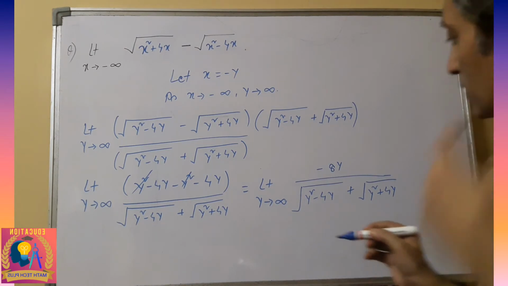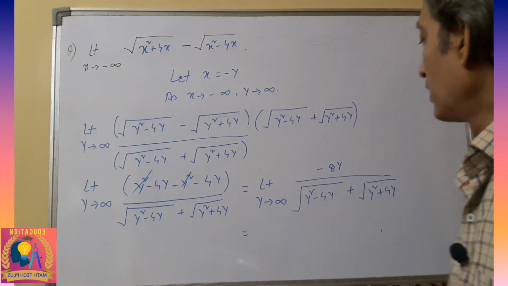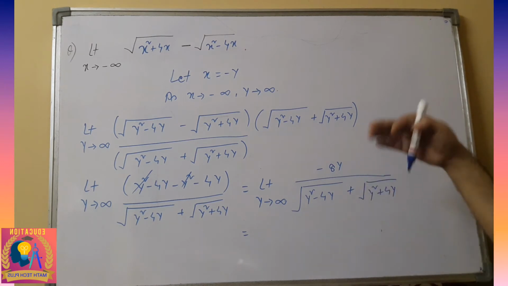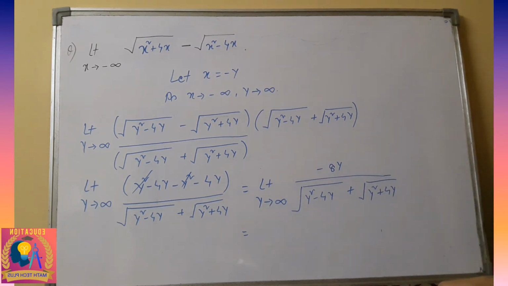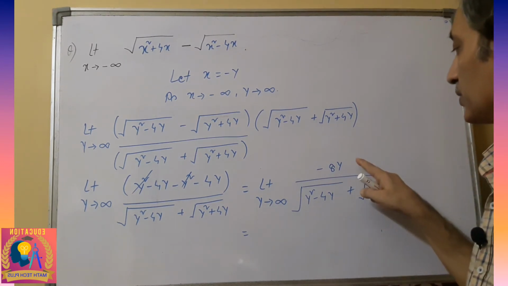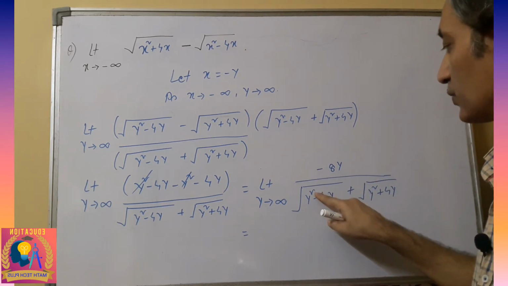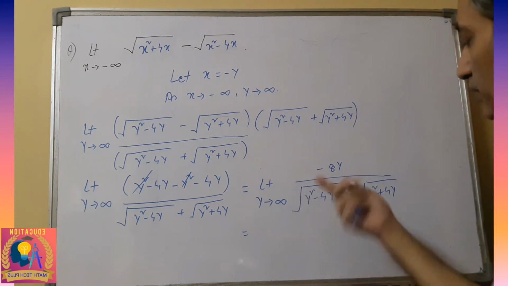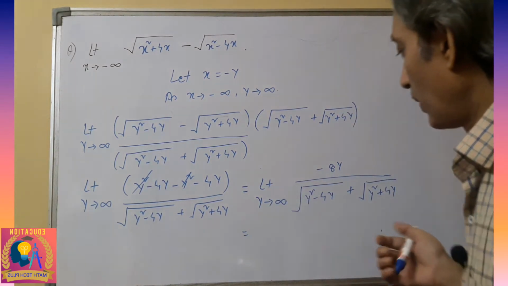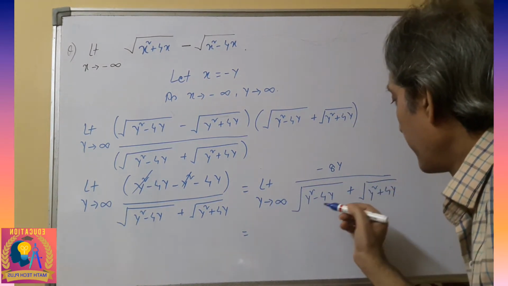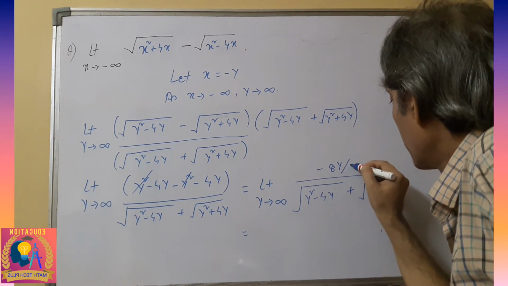As I have already explained in the previous video, we will divide numerator and the denominator by the highest power of y. So highest power of y is 1, because here it is y square but it is inside the square root sign, so it is also equal to 1. So now divide this by y.